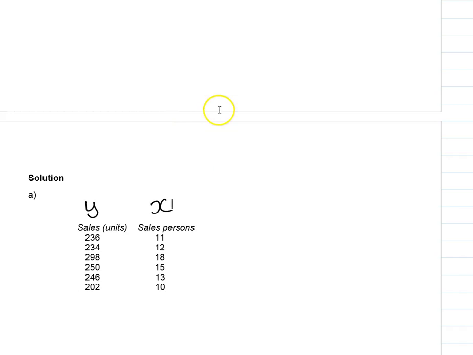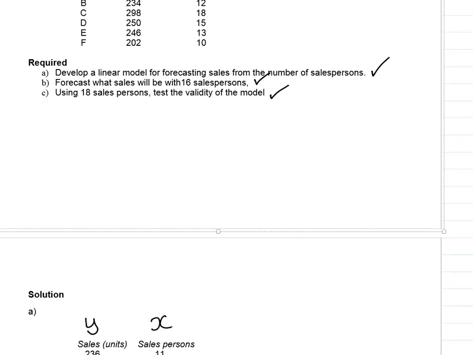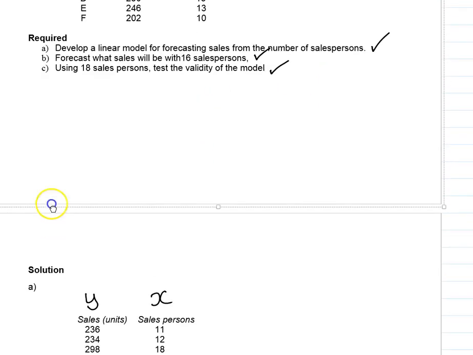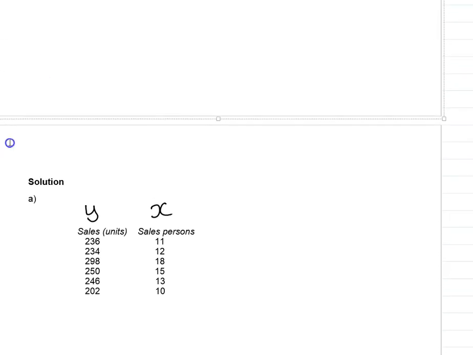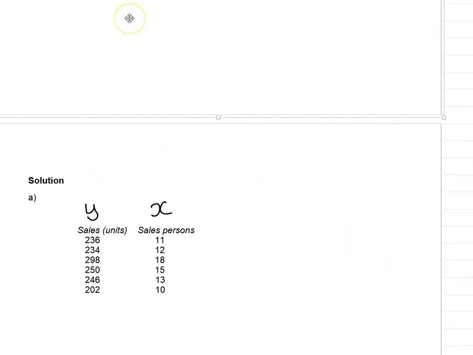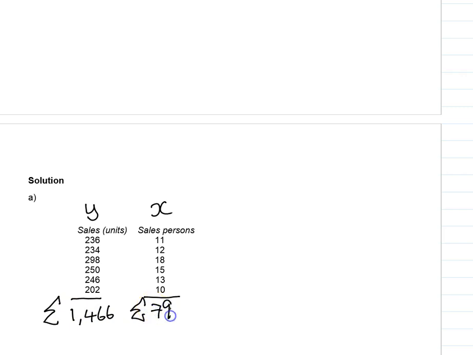Once we've done that, we can start to establish some of the key data that we need in our solution. We're going to first add up our columns, and we've got the sum of Y, which is 1466, the sum of X, which is 79.